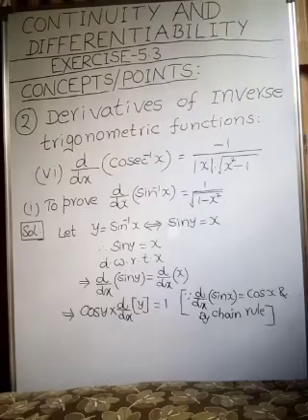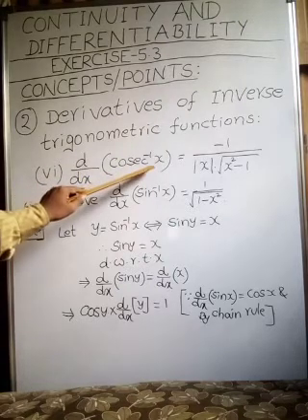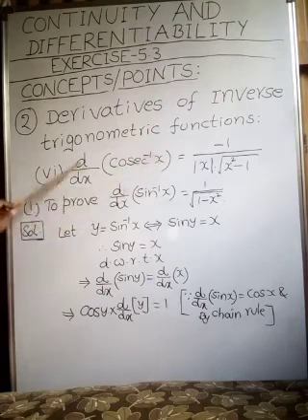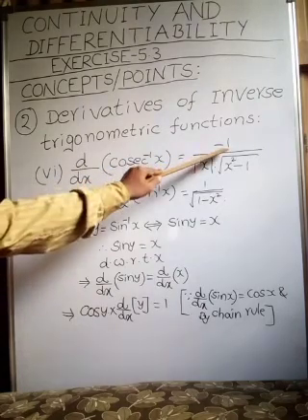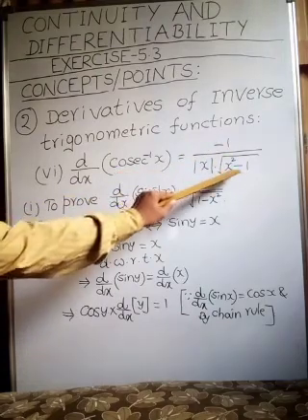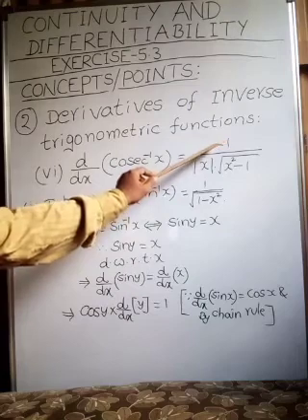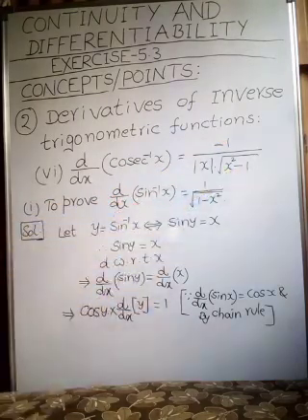Right. Now come to the sixth formula, last formula. D by dx of cosecant inverse x is equal to minus 1 by mod x into square root of x square minus 1.